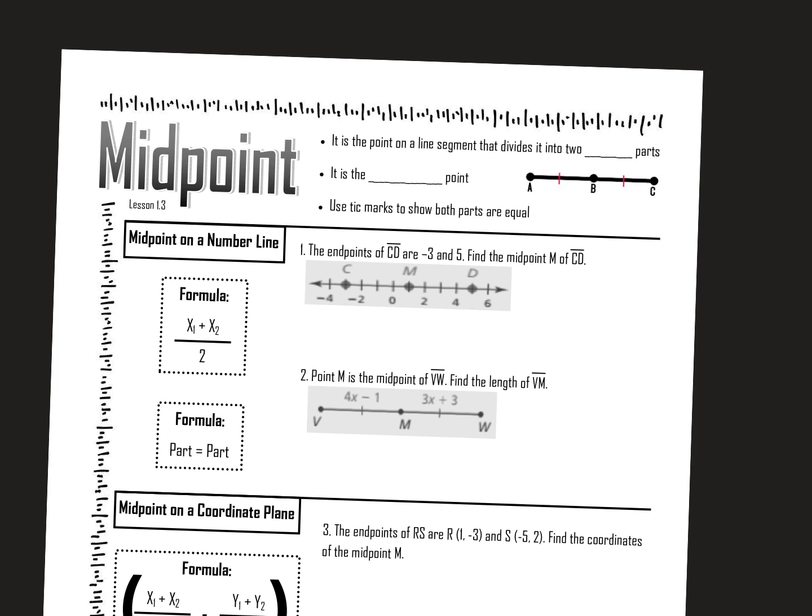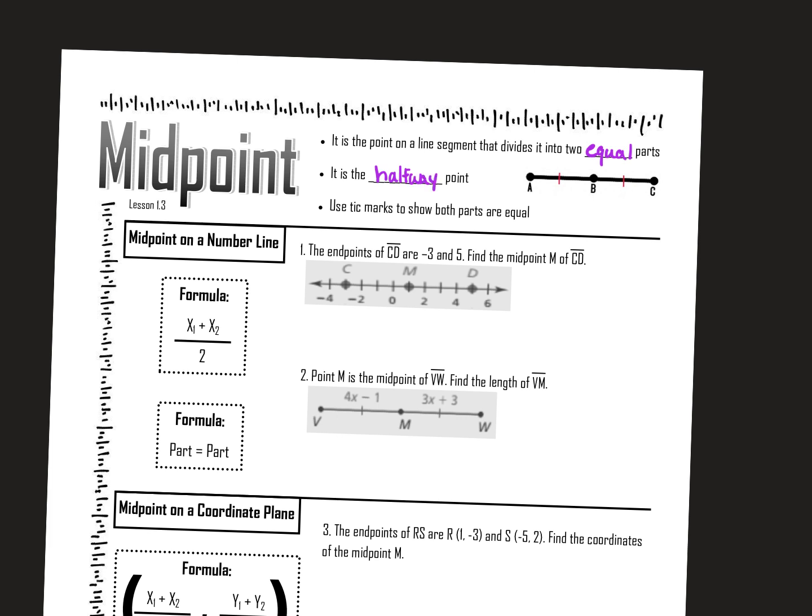We are going to go ahead and jump into our lesson 1.3, which is midpoint. And we are going to start at the top section with this definition of a midpoint. It is the point on a line segment that divides it into two equal parts. It is the halfway point.